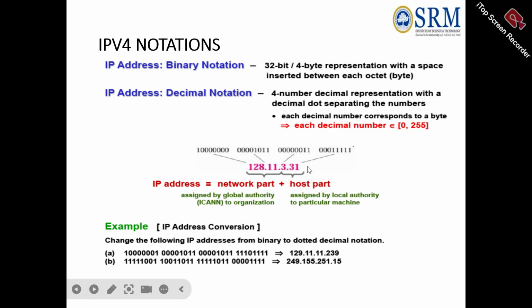Similarly, the host part defines the particular device within the network. Which device is connected in that network will be identified by the host part. So this is the network part and host part. The network part is assigned by a global authority, and the host part is assigned by the local authority to a particular machine.